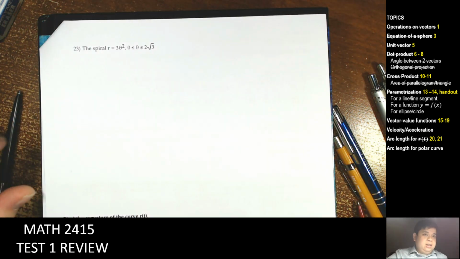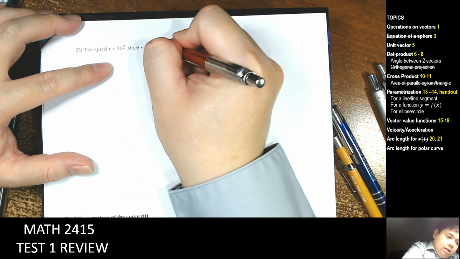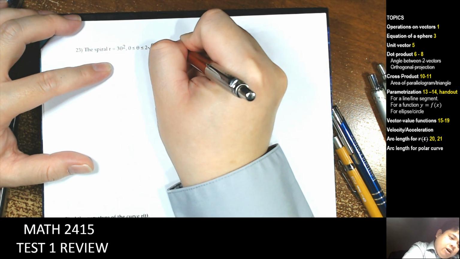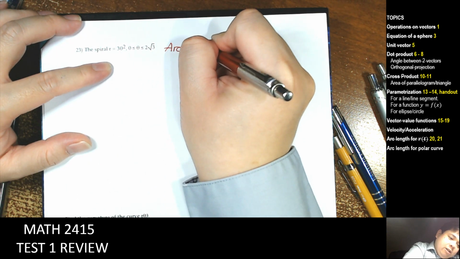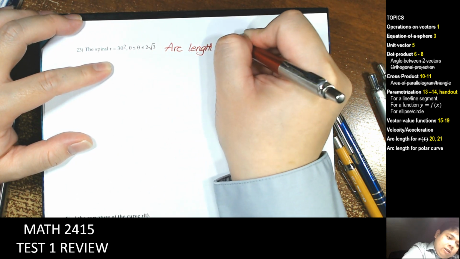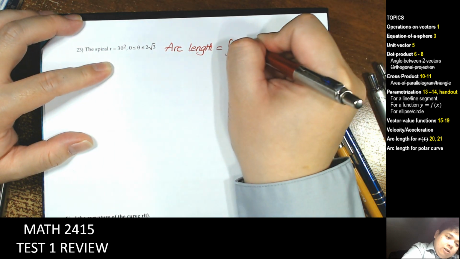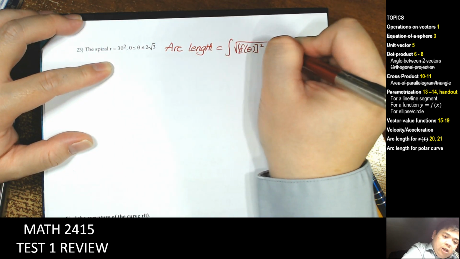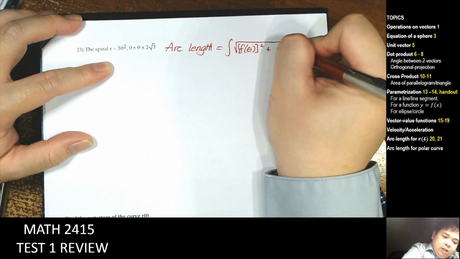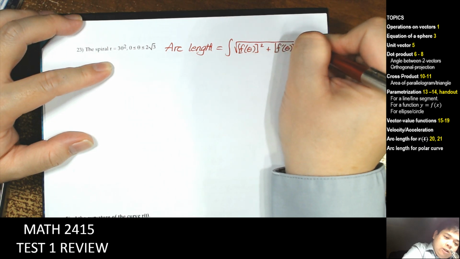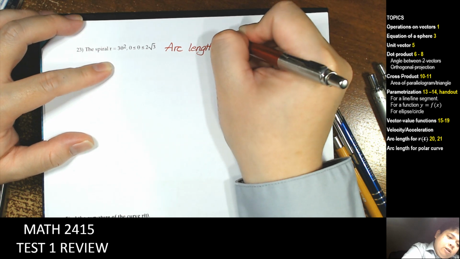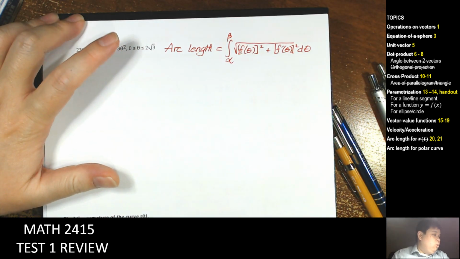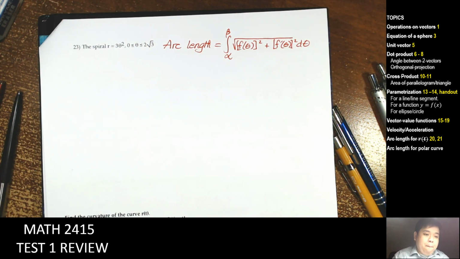One more problem. Still the same formula. Arc length, the square root of the function square plus derivative square. This will go from 0 to 2 square root of 3.